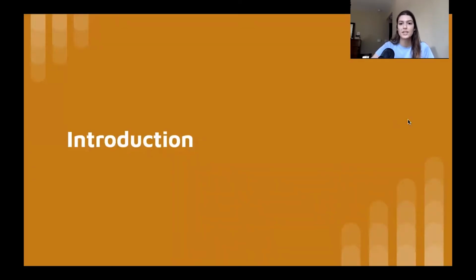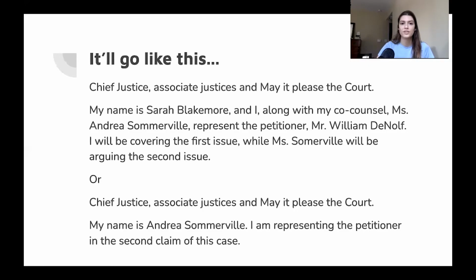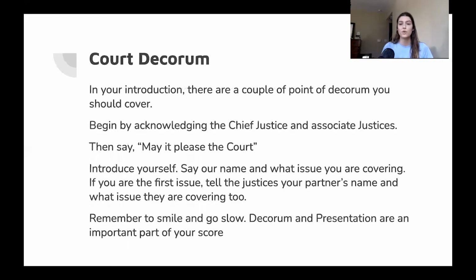There are some things about the introduction that are very important that have to do with courtroom decorum. You get a score on courtroom decorum when you're competing in undergraduate moot court, so this is really important. There are a couple of rules that you just need to follow basically. When your justices enter the room, you're going to stand and remain standing until the justices are seated, in which case you will stand and introduce yourself. You can introduce yourself individually and your partner can introduce themselves individually.